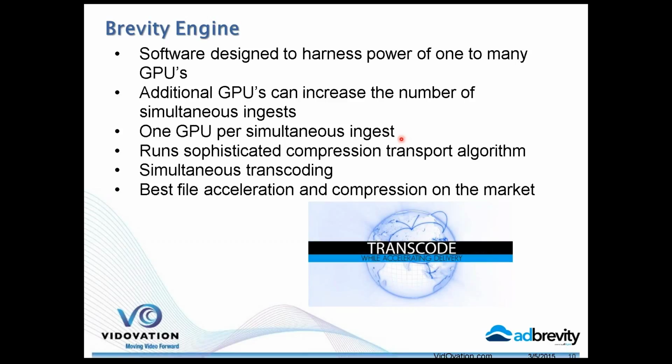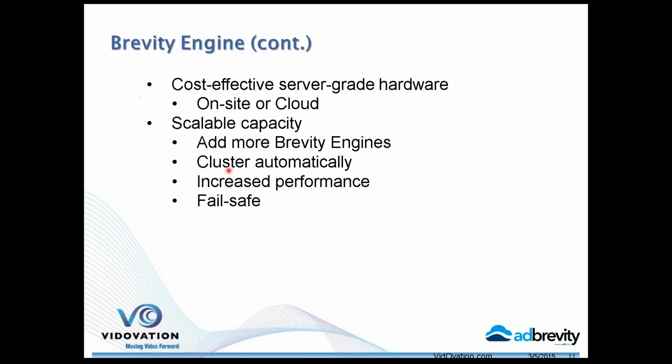A director working from home or looking at dailies in a remote location can use his own personal computer or use the more portable computer GPU appliance. So basically, we'll design the system for your given needs.